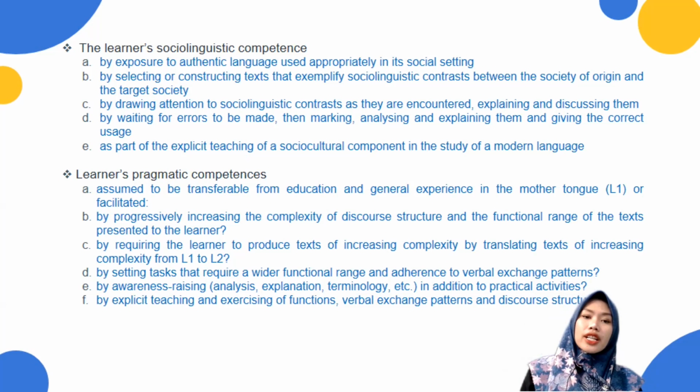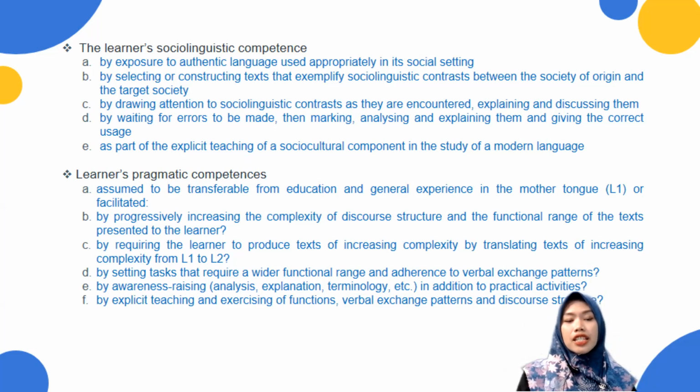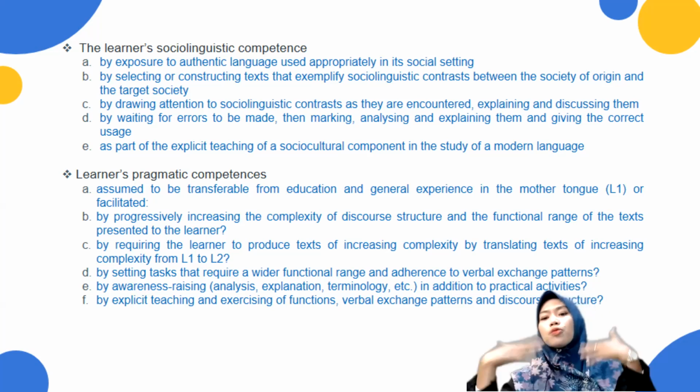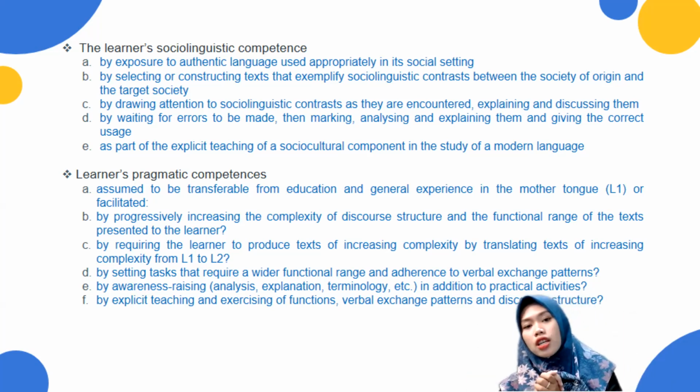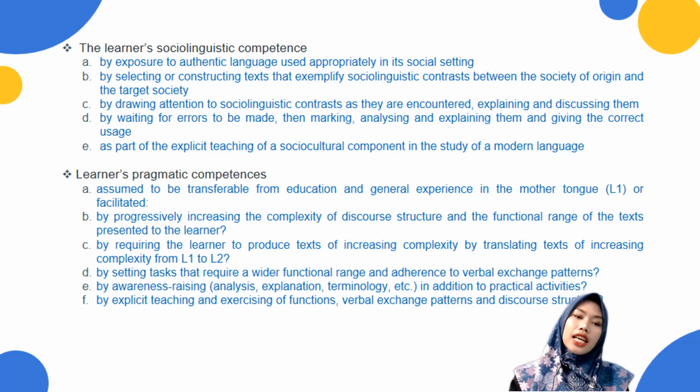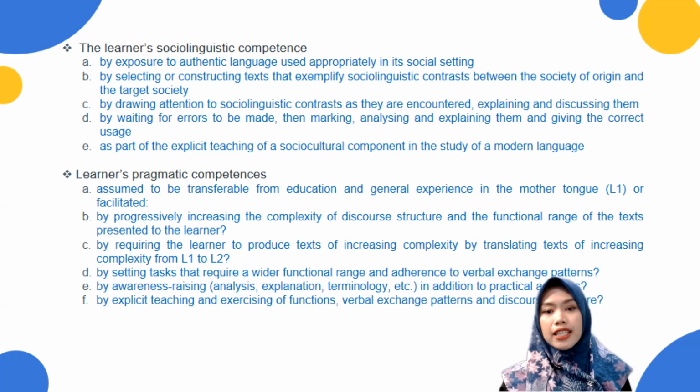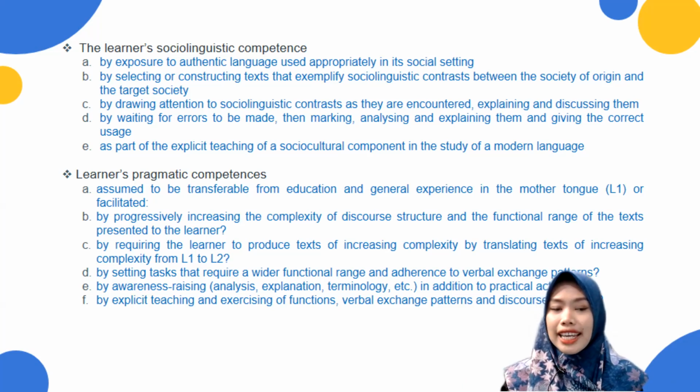By selecting or constructing texts that exemplify sociolinguistic contrast between the society of origin and the target society, by drawing attention to sociolinguistic contrast, by waiting for errors to be made, then marking, analyzing, and explaining them and giving the correct usage. Okay, and the last is as part of explicit teaching of the sociocultural component in the study of modern language.